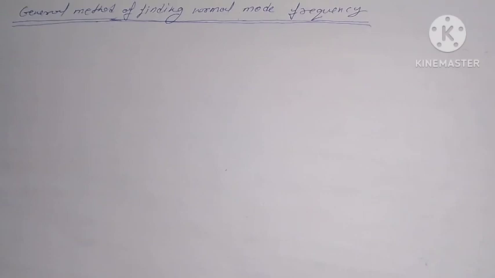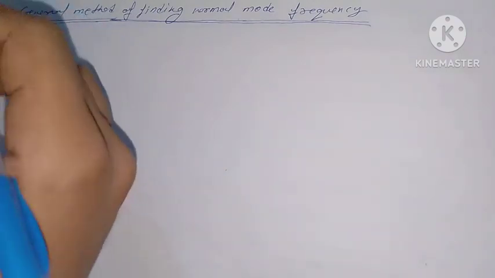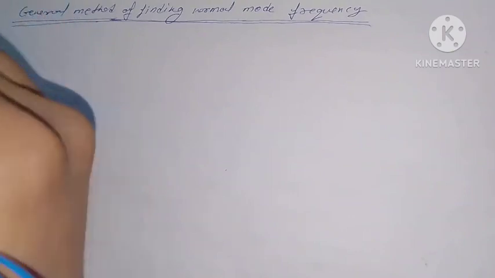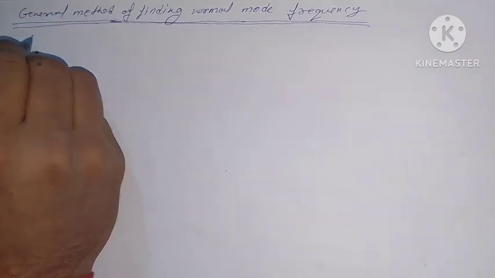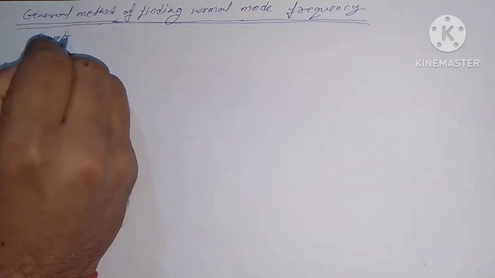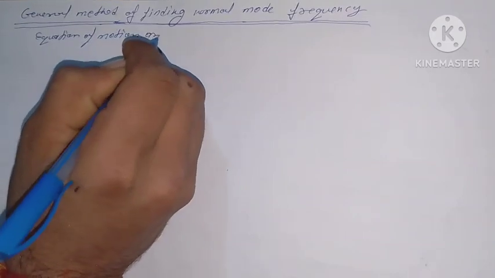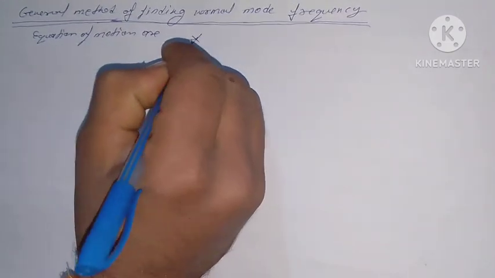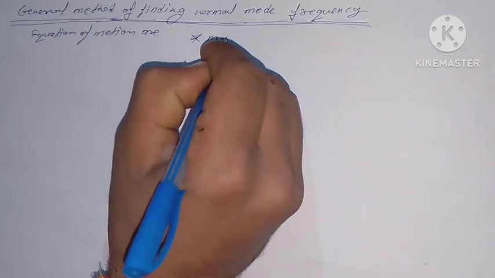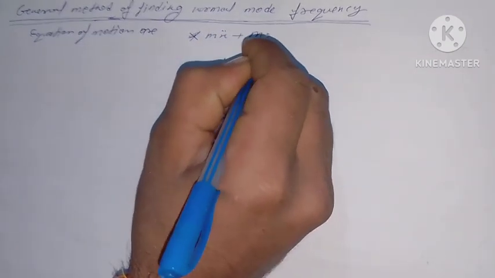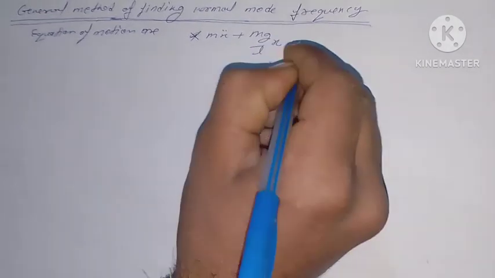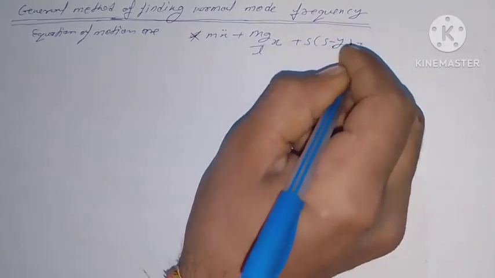General method of finding normal mode frequency. Okay. Consider a system of two coupled simple pendulums of the same length coupled by a spring of stiffness s. Then their equations of motion are m d²x/dt² plus mg by L into x plus s into (x minus y) equal to 0.